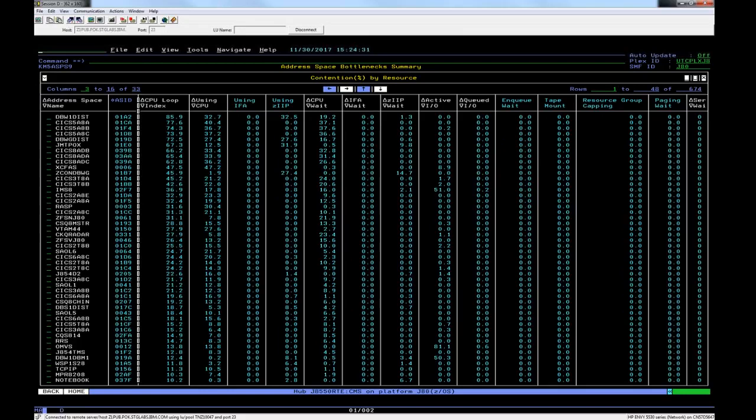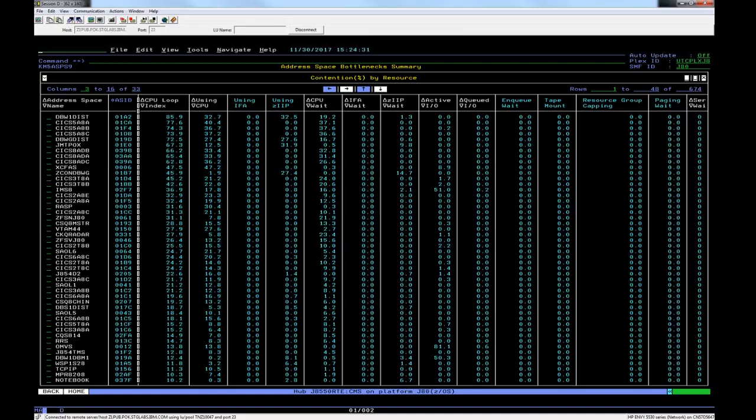And what's actually useful about this is that if you have a less important address space, or address spaces in your workload that may be looping, they may not show up that well because Workload Manager, with lower priority work, will allow that work to run, but because of its lower priority, other higher priority work will run ahead of it.